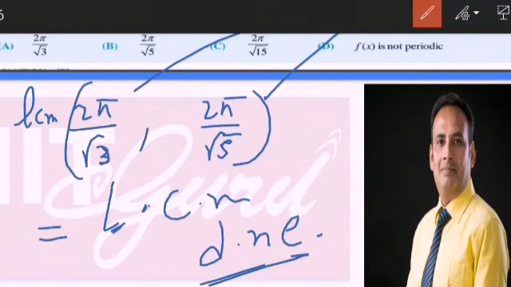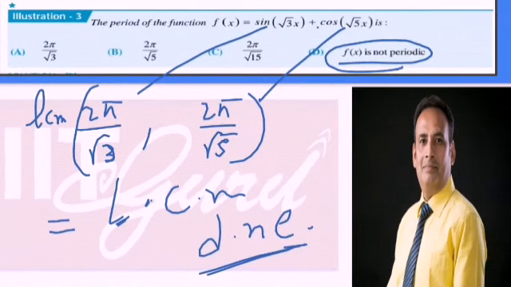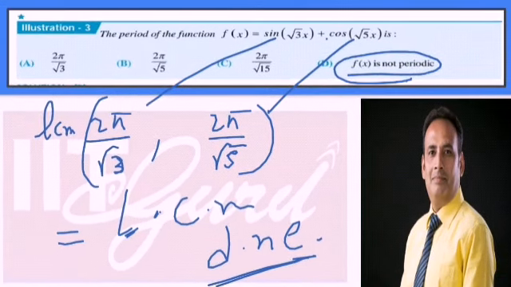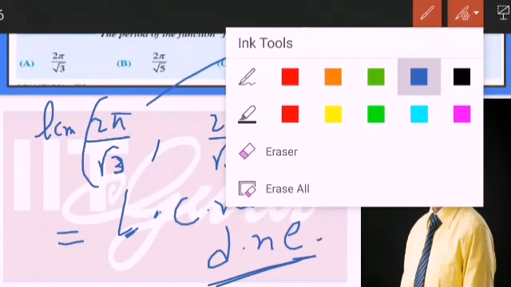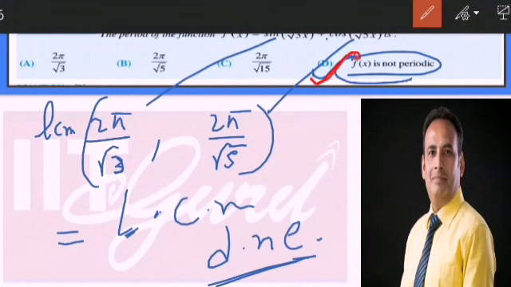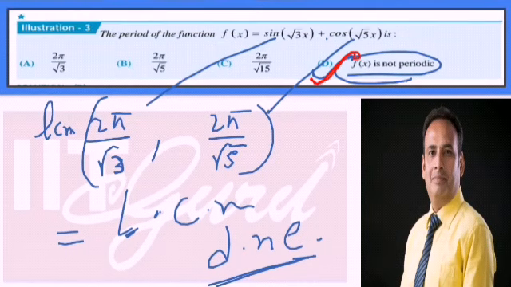If the LCM does not exist, then the function is said to be not periodic. So D option is correct. This is a good question, as the function is not periodic.